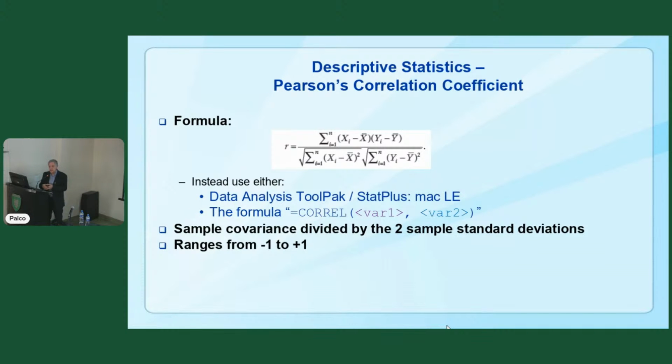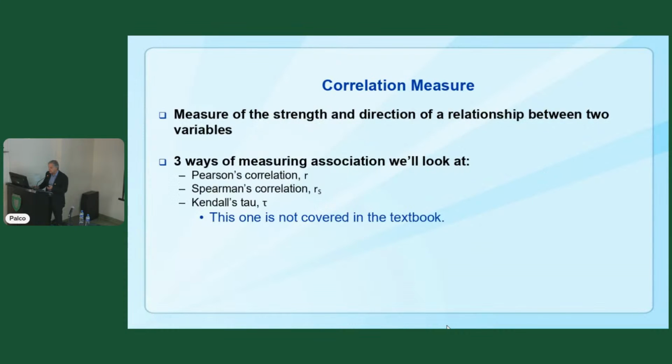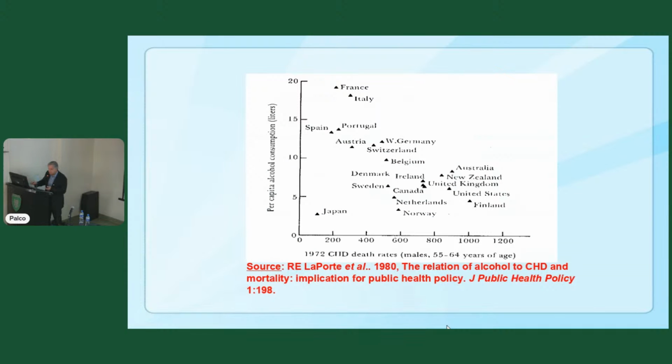You basically say, hey, these things are strongly related. They can be strongly related in a negative way, like this one, meaning the more alcohol I have, the less death I have. The highest consumption of alcohol here is France, close to 20 liters of alcohol per year per capita, and the death is around 200.